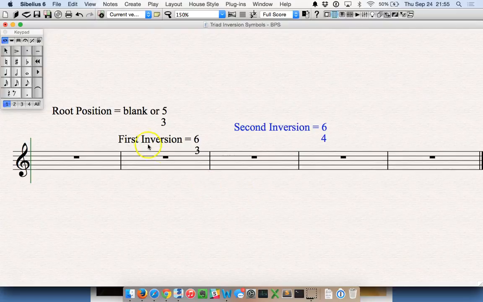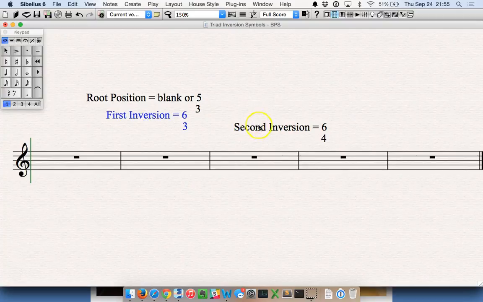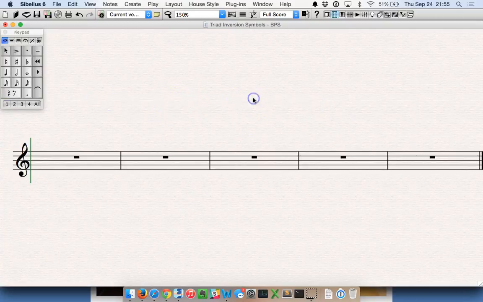So we're going to talk a little bit about why it's 5-3, where we get these numbers, 6-3, 5-3, 6-4, etc. I'm going to delete these, and we're going to start with just a root position G major triad. We've seen this a lot. This is a root position G major triad, G on the bottom, and we have a nice stacked triad.